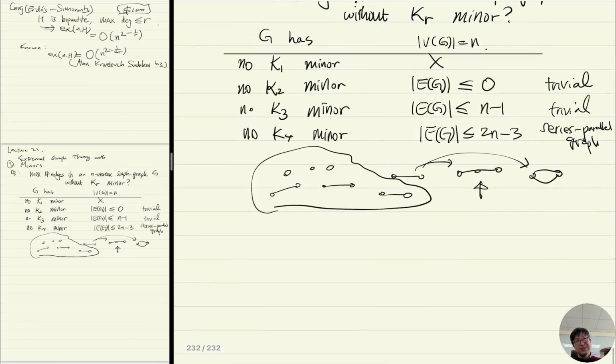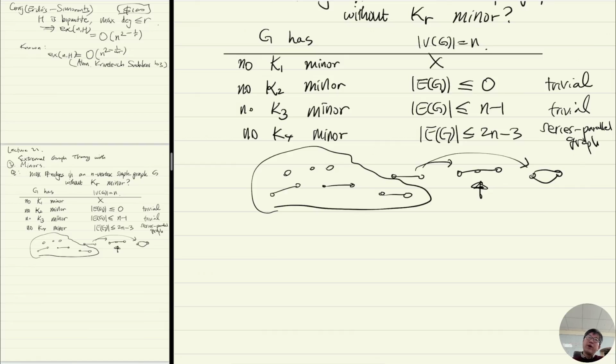Those graphs always have a vertex of degree 2, so that means the number of edges is going to be at most 2n, and then by induction you can prove this. How do I know that these graphs always have a vertex of degree 2? That's because if you just look at the last operation: if it's a parallel composition, then it's not a simple graph. So the last operation is always the subdivision. So when you subdivide an edge, then you must have a vertex of degree 2.